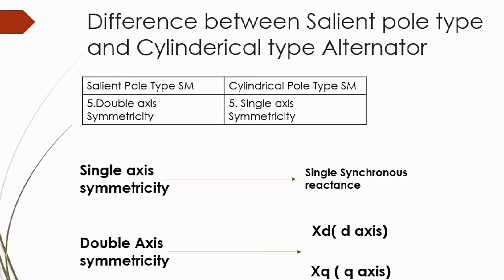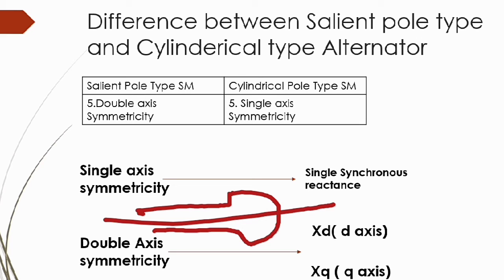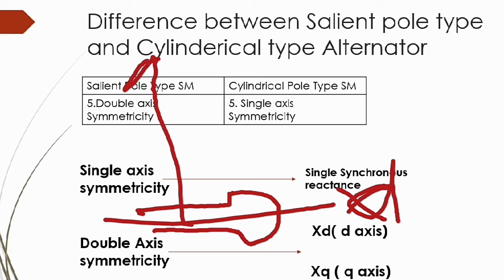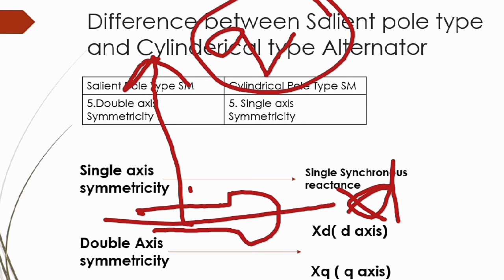Then the second thing, double axis symmetricity. Here we have to justify the voltage drop with two synchronous reactances, not just one. So here we use two axes. One is along the field mmf, which is called the d axis, and in quadrature it is called the q axis.